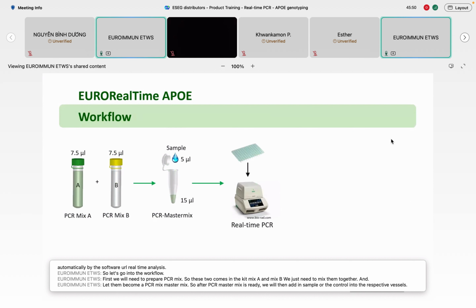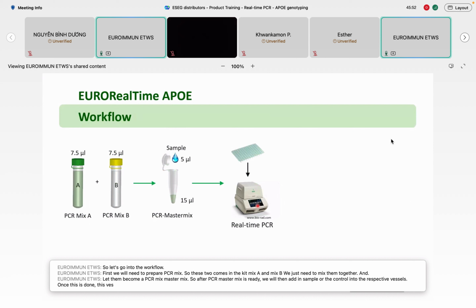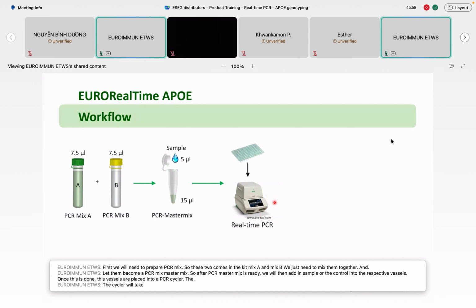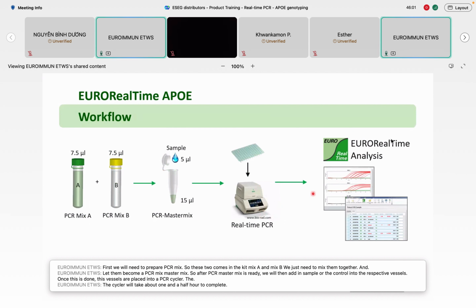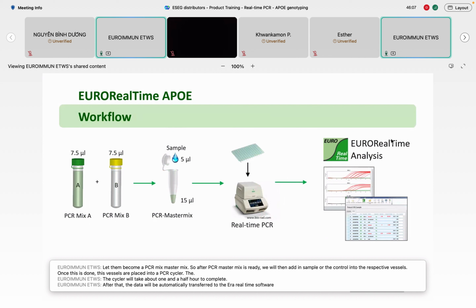Once this is done, the vessels are placed into a PCR cycler. The cycler takes about 1.5 hours to complete. After that, the data is automatically transferred to the Euro Real-Time software for result analysis and report compilation.